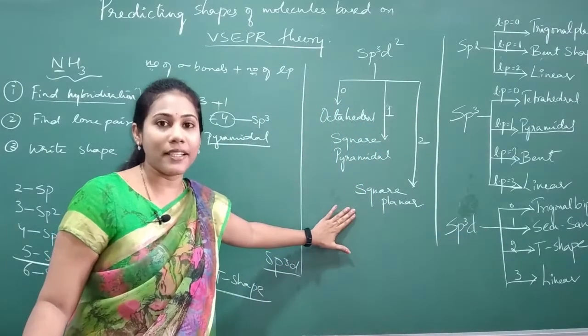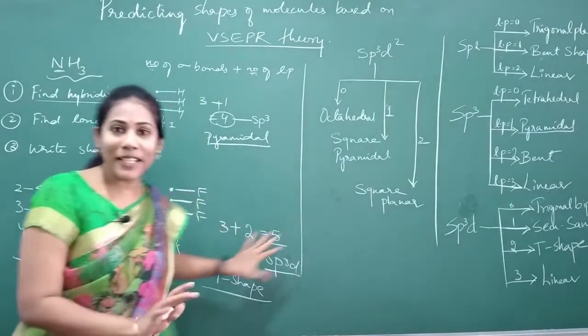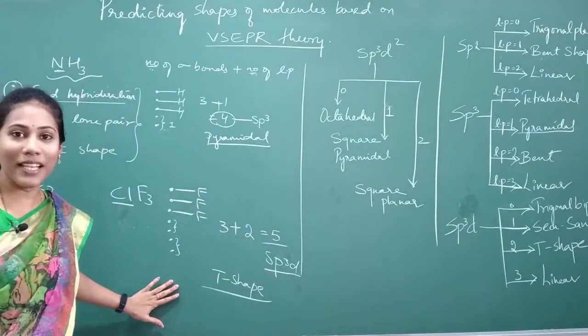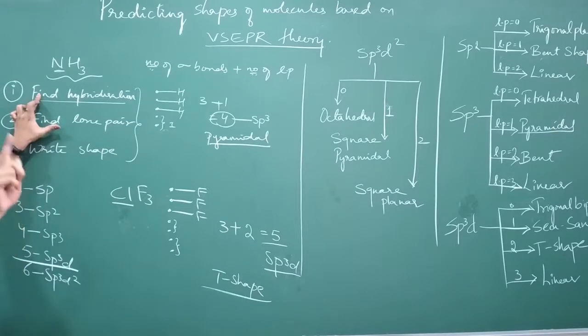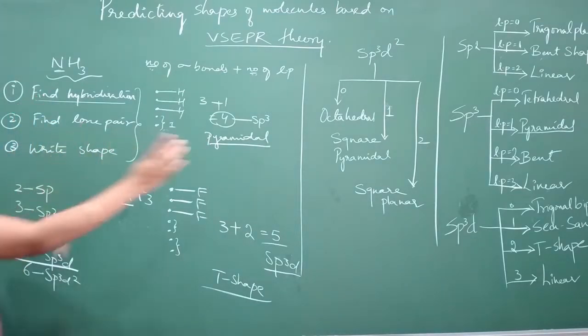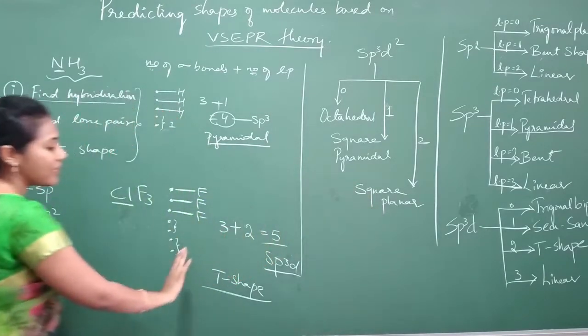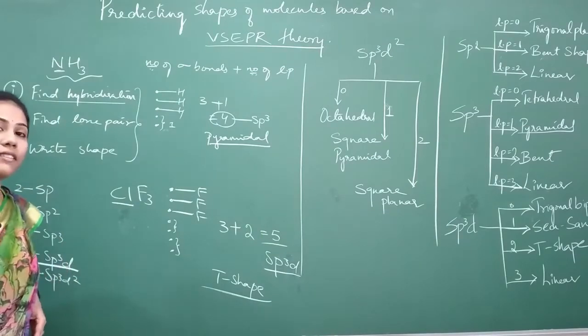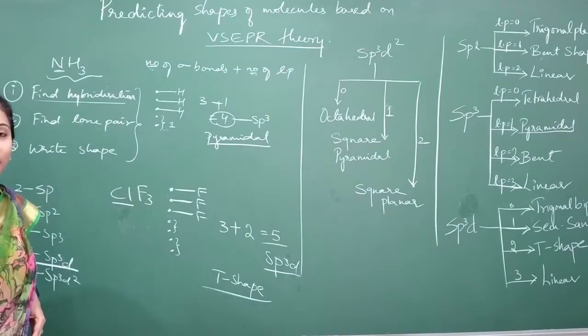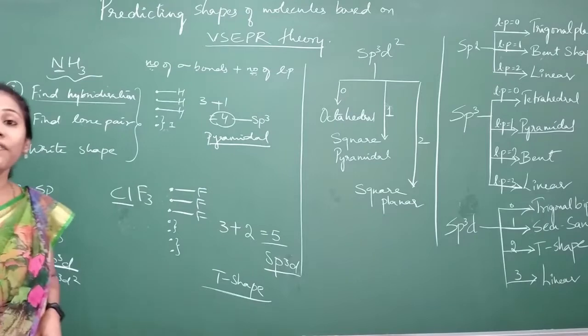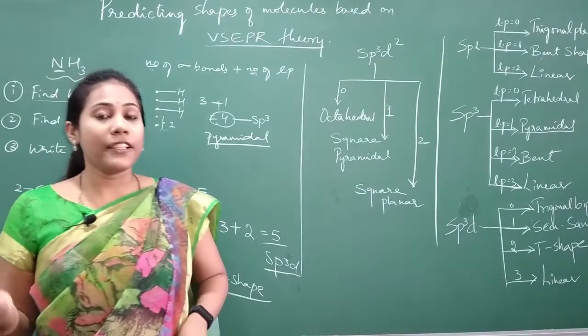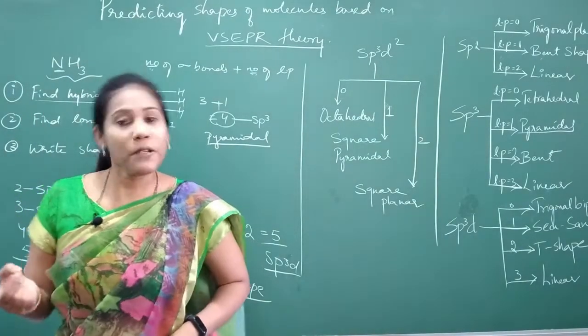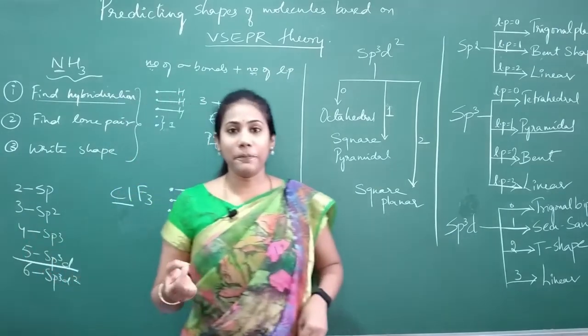Without knowing this, you can never find out the shape. Clear? Now we will see certain questions from a previous year question paper so that you get a complete idea.